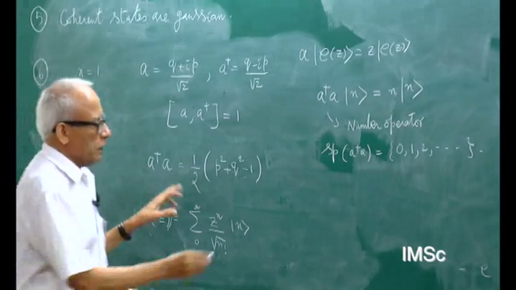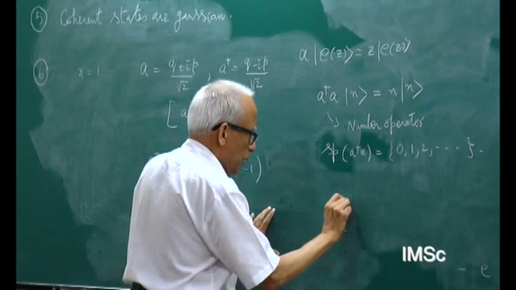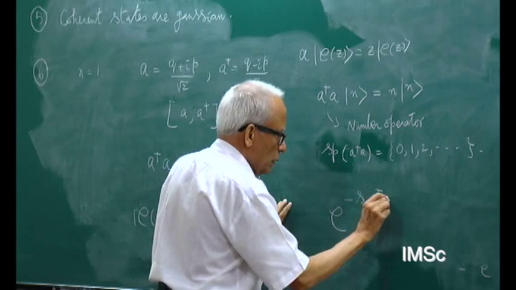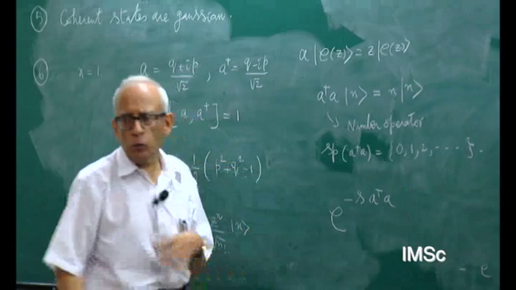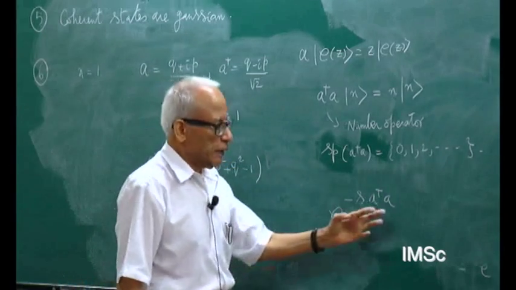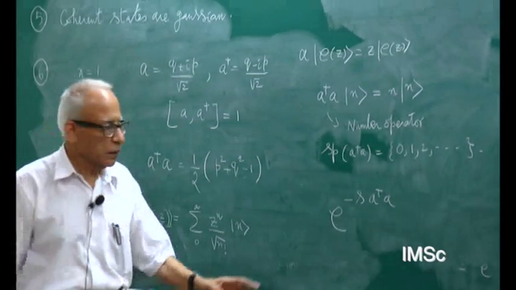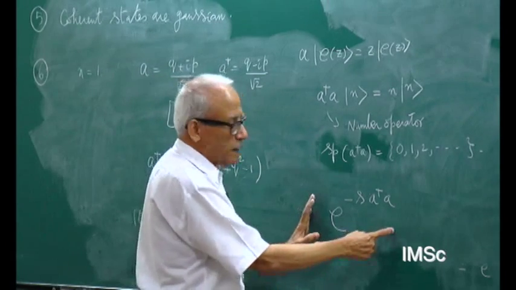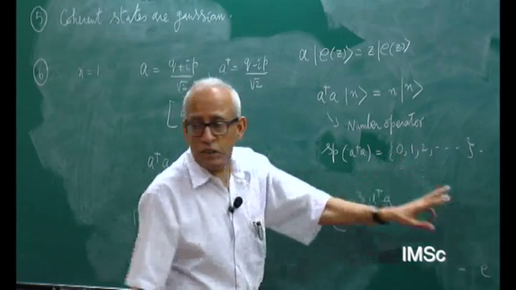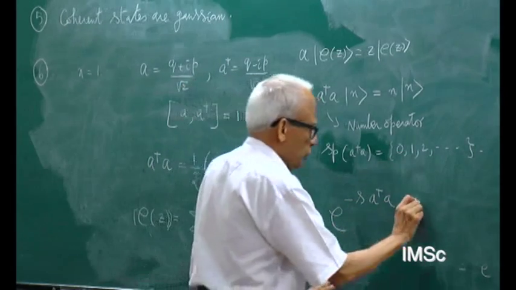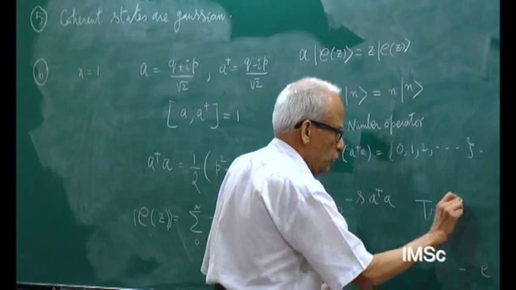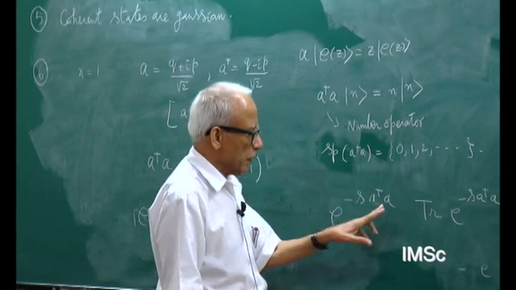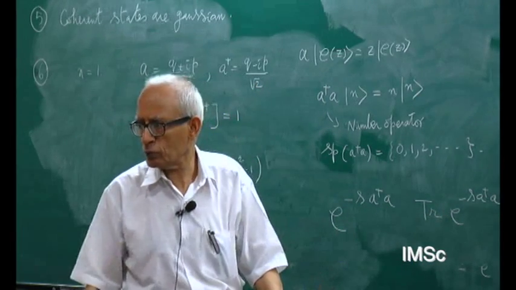Now I consider this e to the power minus s times A dagger A. This is a positive self-adjoint operator. So e to the minus s A dagger A is a bounded operator, and you compute the trace of this on this orthonormal basis, and then prove for yourself the trace of e to the minus s A dagger A is simply the sum over n of e to the minus s n, the sum of the eigenvalues.